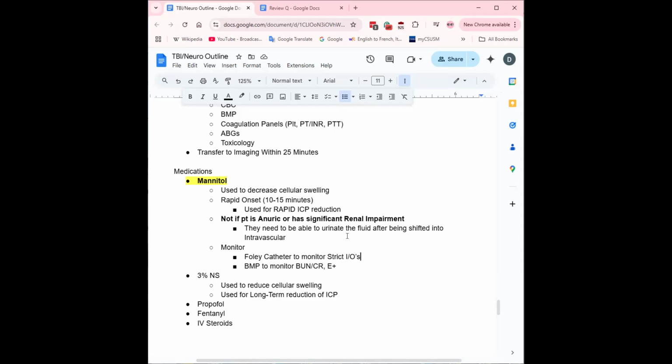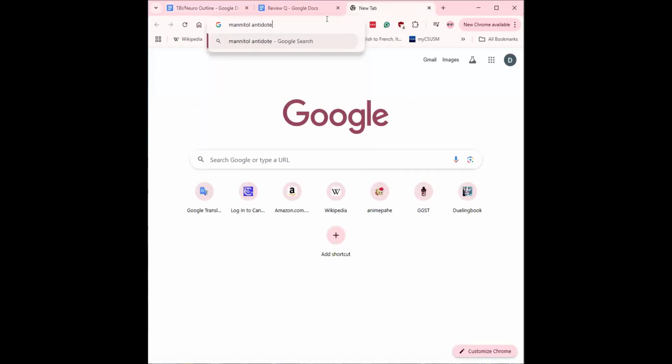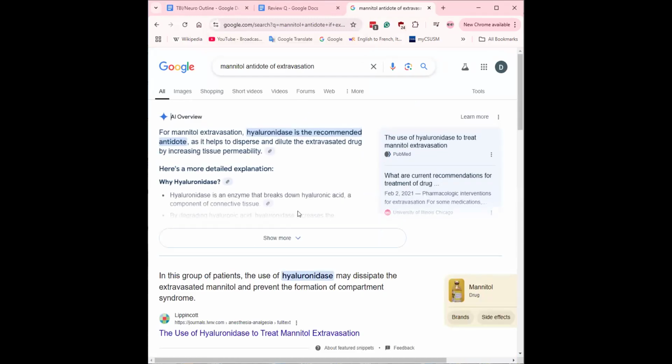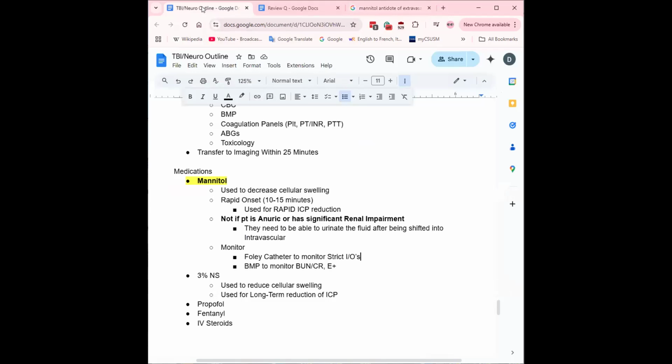Yeah, I like that: infiltration, extravasation. So this one has a risk of extravasation. Do I know what the antidote is? Let's see, mannitol antidote if extravasated. I guess that's the one. You don't need to know it, but I was just curious.